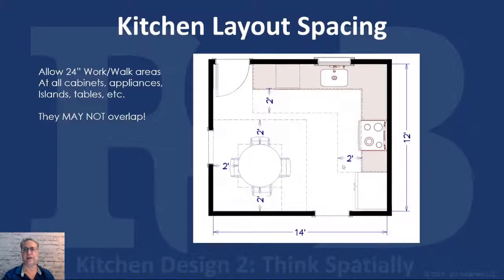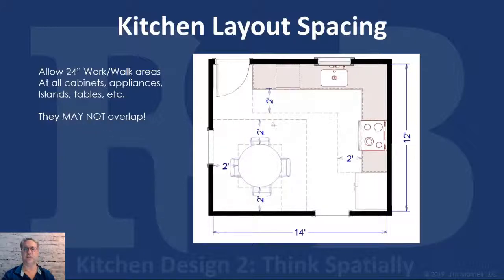Notice this shaded area. In front of every cabinet in your kitchen, you need to designate 24 inches of clear, free space so that there is enough room for somebody to stand and work at each work location in the kitchen. Now, the next thing that you have to understand, as it says, is they may not overlap.